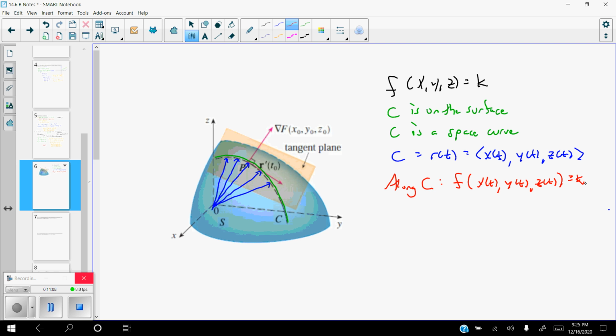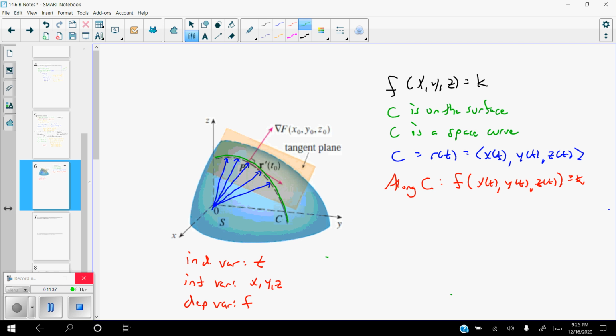So what we know is we know that the independent variable here is t. We know that we have intermediate variables of x, y, and z, and our dependent variable here is f.